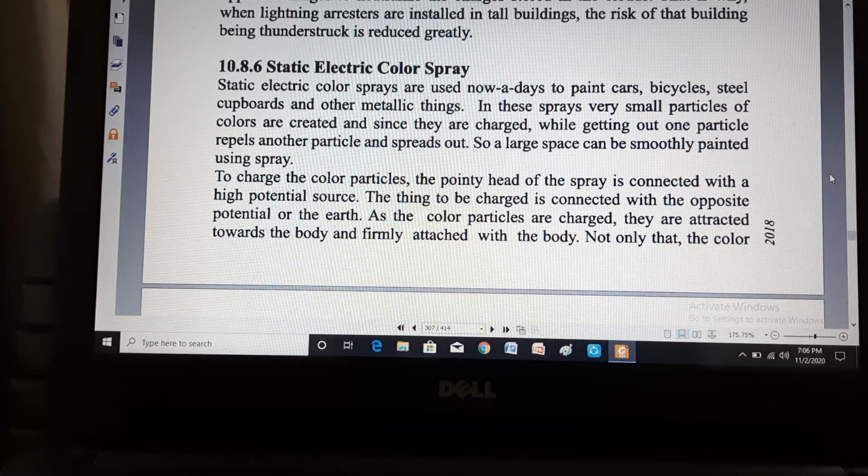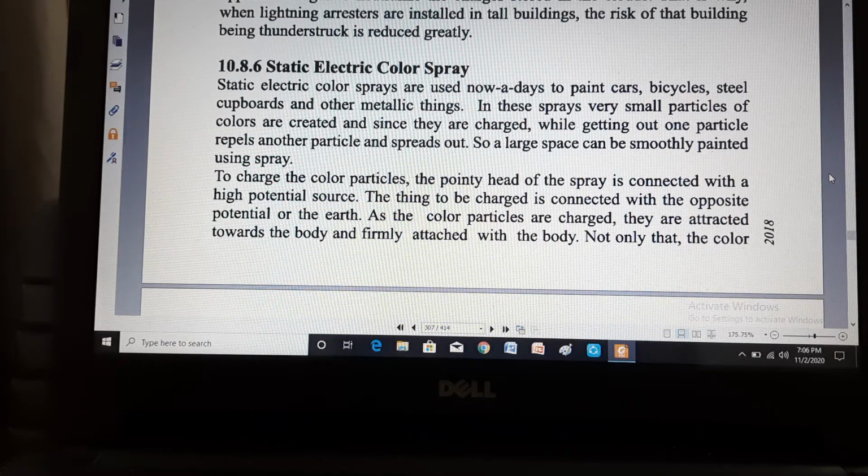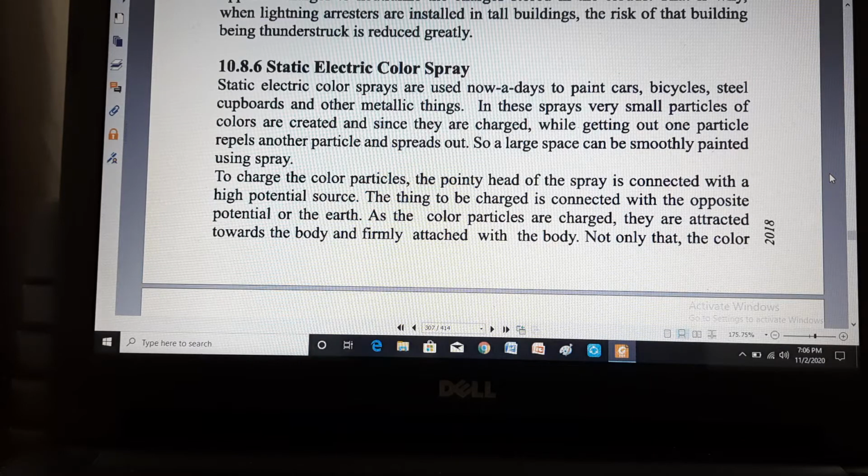In these sprays, very small particles of color are created, and since they are charged, while getting out one particle repels another particle and spreads out. So a large space can be smoothly painted using the spray.